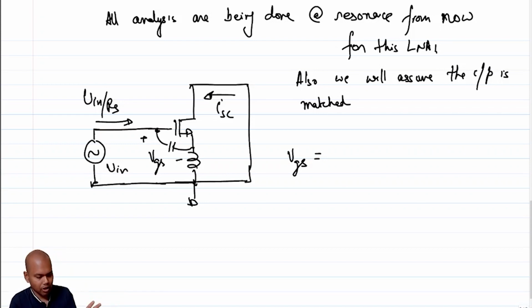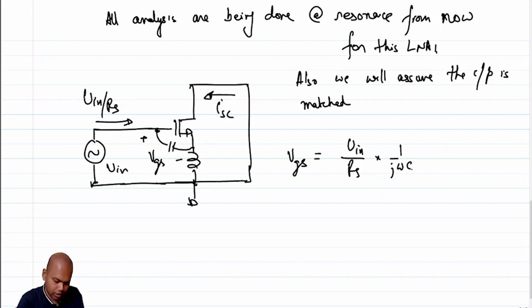But since we are all doing everything in phasors, no harm done. Strictly speaking, we should be using capital V for this analysis. Okay, fine. So you have VGS is essentially V in over RS times 1 by j omega CGS, right? And what is ISC? It's basically GM times VGS.